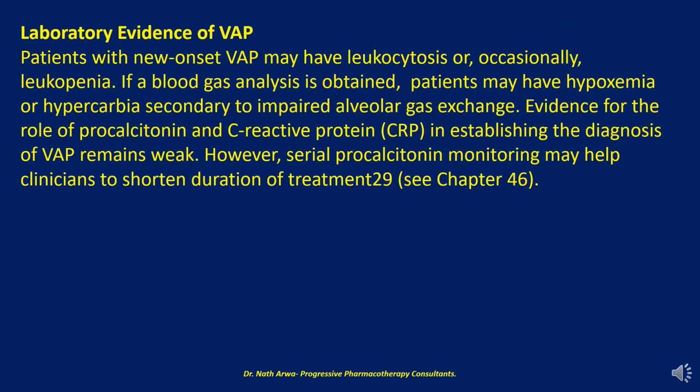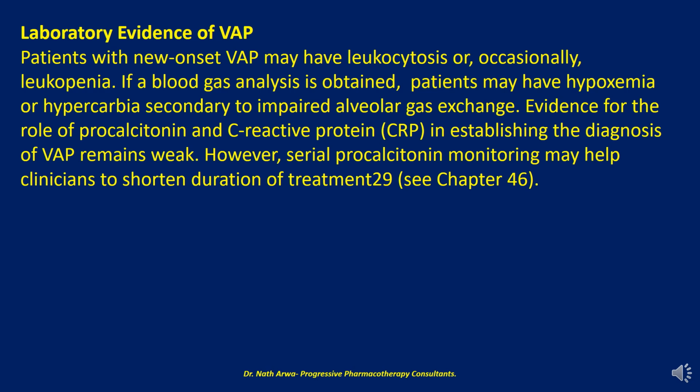We will now progress to laboratory evidence of ventilator-associated pneumonia. Patients with new-onset ventilator-associated pneumonia may have leukocytosis or, occasionally, leukopenia. If a blood gas analysis is obtained, patients may have hypoxemia or hypercarbia secondary to impaired alveolar gas exchange.